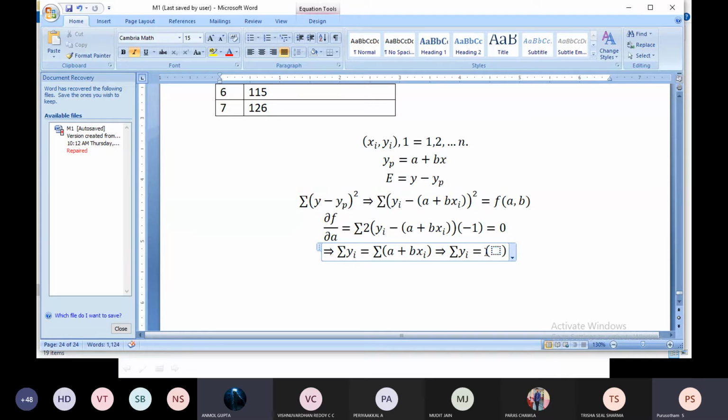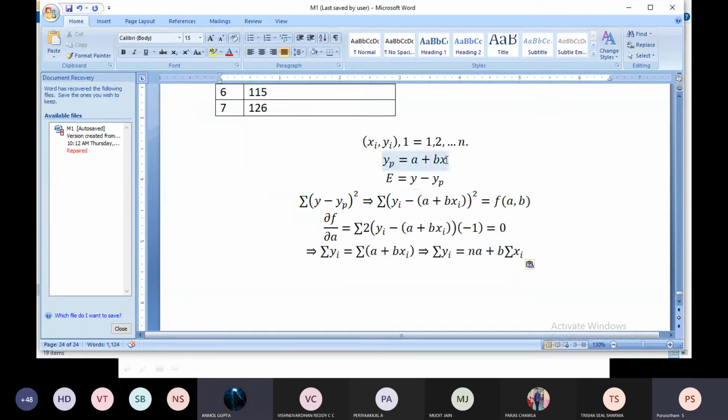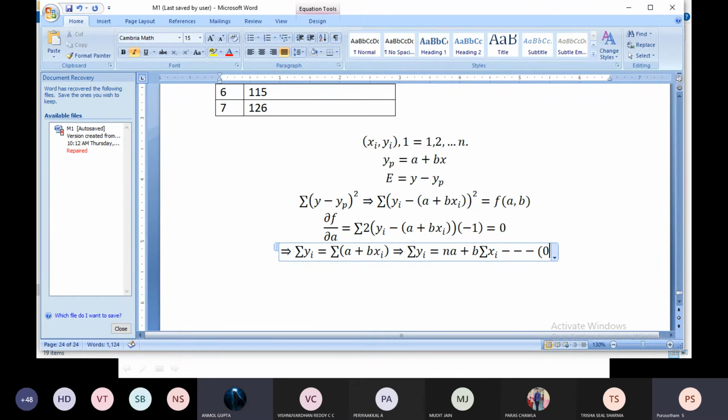Why have I taken n times a? Because you are adding sigma a, that is adding a n times, as there are n tabulated points. Now, we get one equation by equating the first order partial derivative with respect to a to zero; I denote this as equation 1.